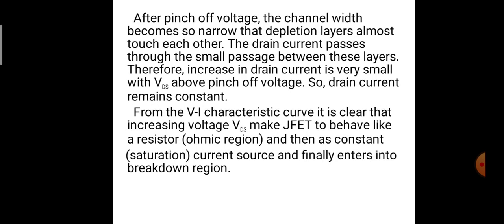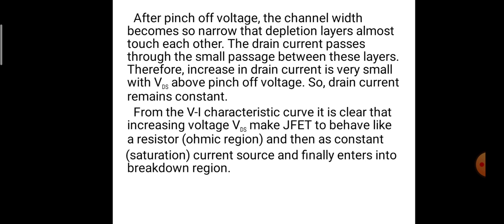After pinch off voltage, the channel width becomes so narrow that depletion layers almost touch each other. The drain current passes through the small passage between these layers. Therefore, the increase in drain current is very small with VDS above pinch off voltage.